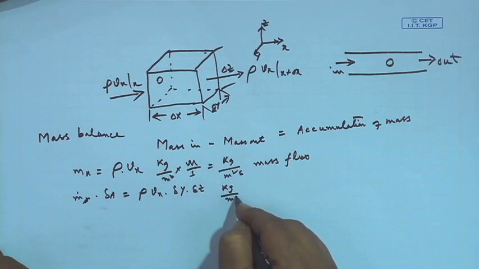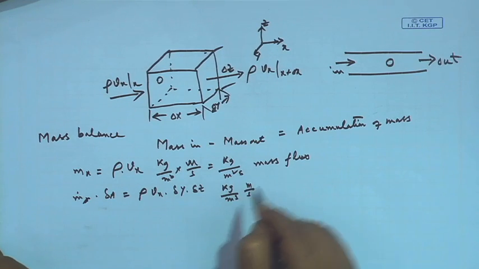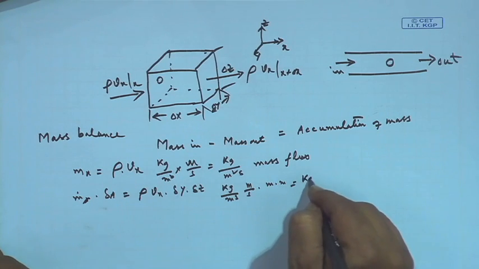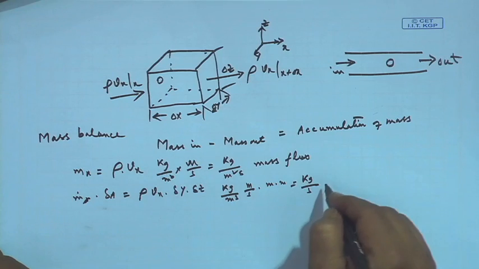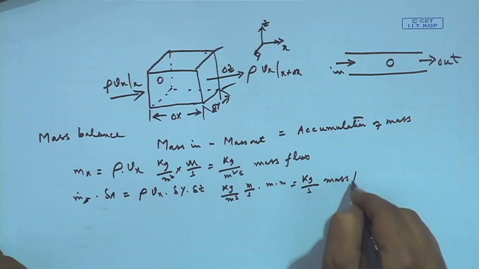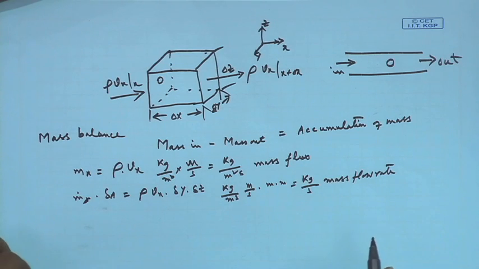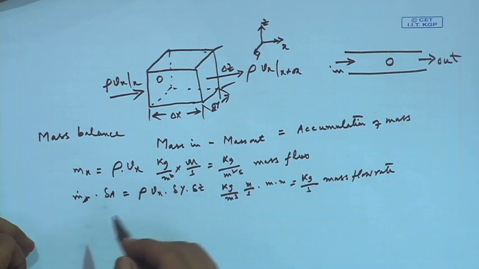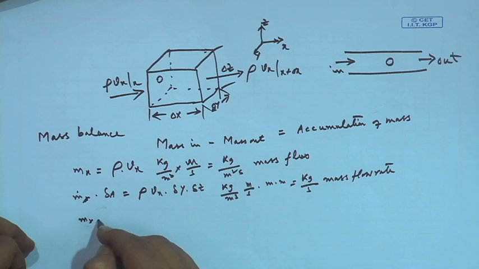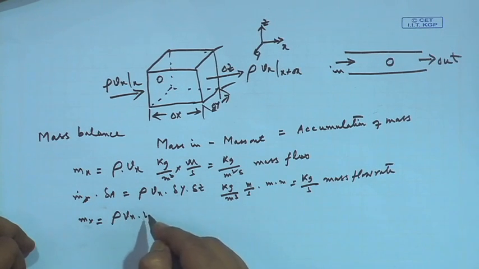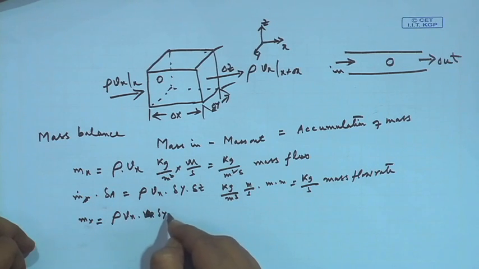Kg per meter cube into meter per second into meter equals kg per second, that is the mass flow rate. So mx is rho Vx into del y del z.